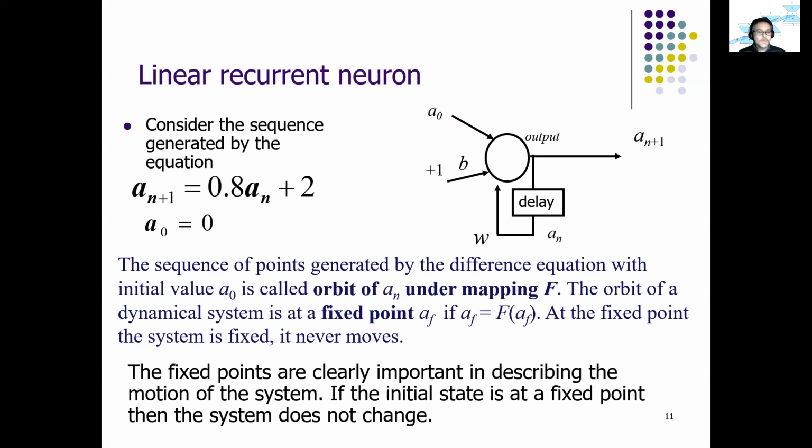This kind of equation is going to generate a sequence of points that follow this model, starting from the initial value a_0, and it's going to create a kind of trajectory or orbit which follows the mapping f. This trajectory of the dynamic system is going to reach a certain state, called a fixed point.